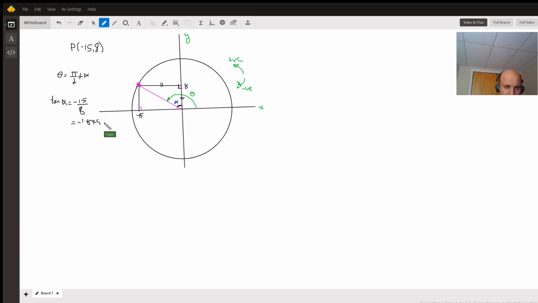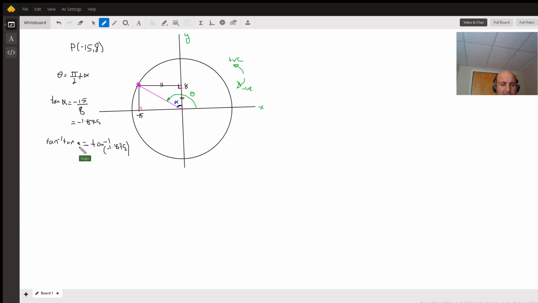Okay. So if we want to find the angle, then we take the inverse tangent of both sides of the equation above. So tangent inverse of tangent alpha equals tangent inverse of minus 1.875.